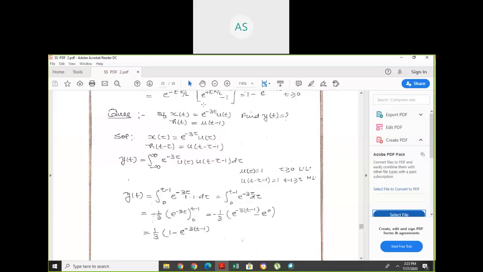T is replaced by tau, and in h, t is replaced by t minus tau.